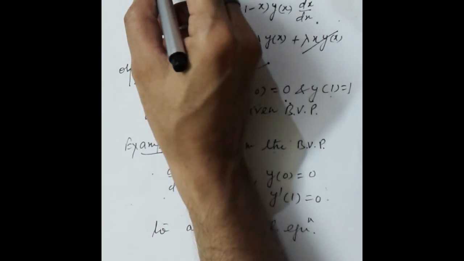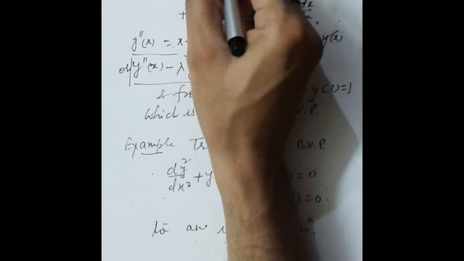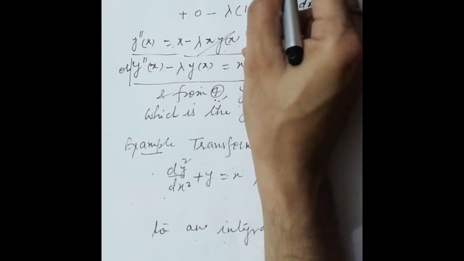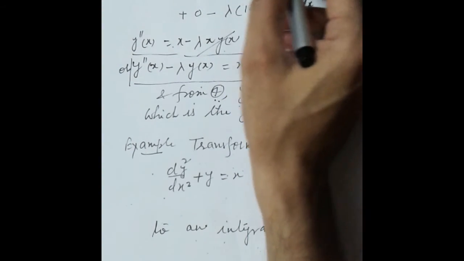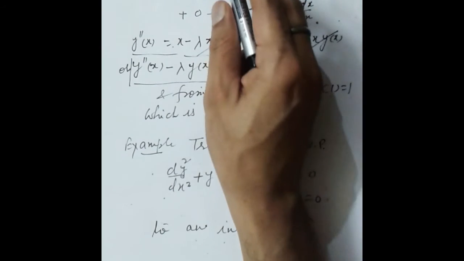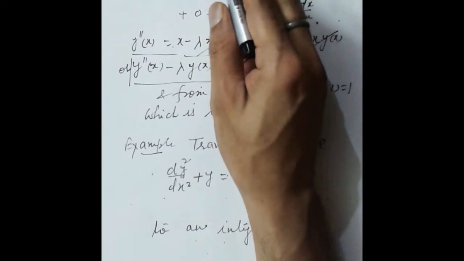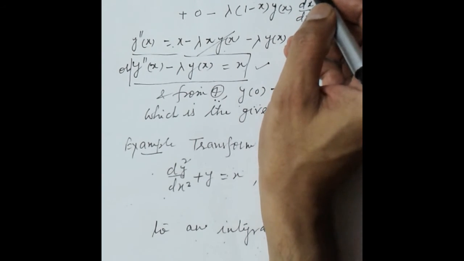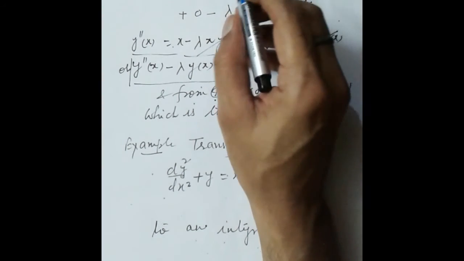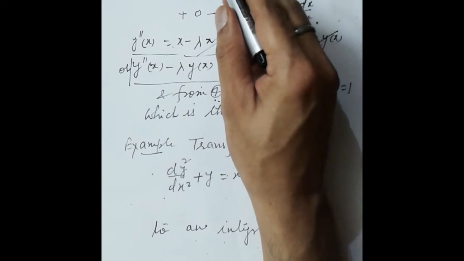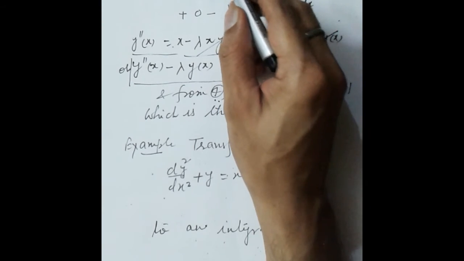We get y double dash x equal to x plus the integral from 0 to x, the partial derivative of integrand with respect to x dt plus the value of integrand at the upper limit and the derivative of upper limit with respect to x minus 0, because the derivative of lower limit with respect to x, the derivative of 0 with respect to x, equal to 0.